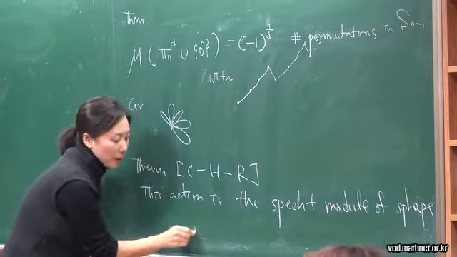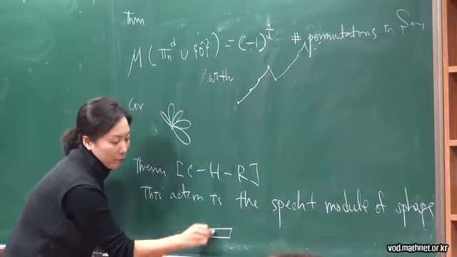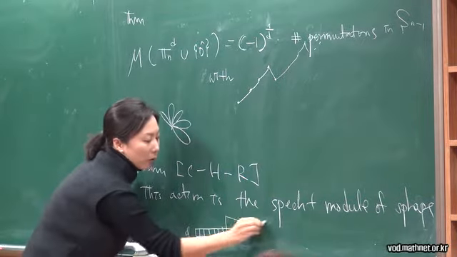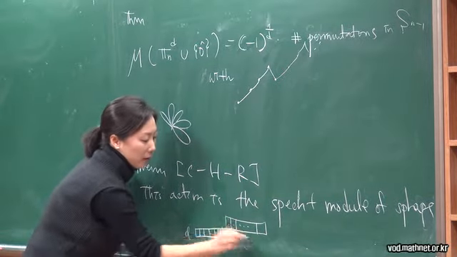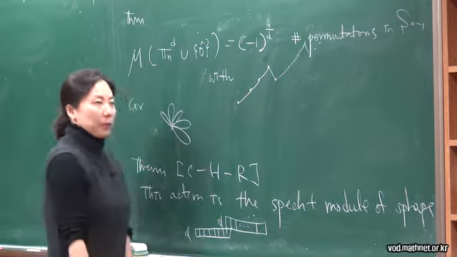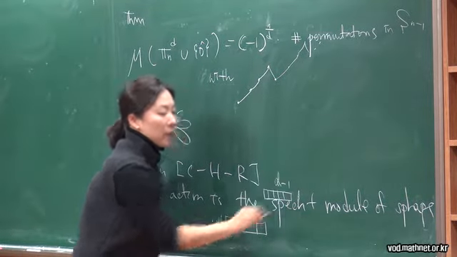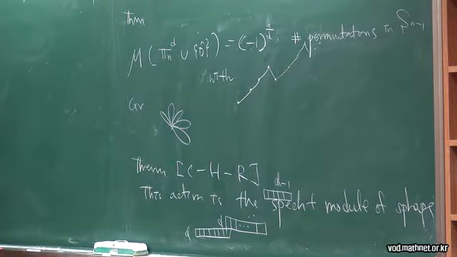We have D boxes here. For the first row, you have D boxes, and the second row, you have D boxes again, but the final has D minus 1 boxes.